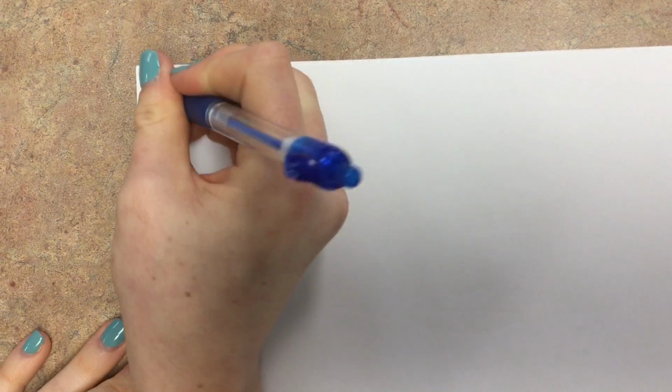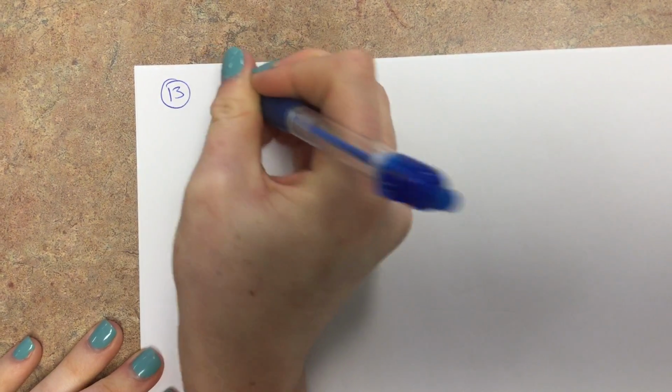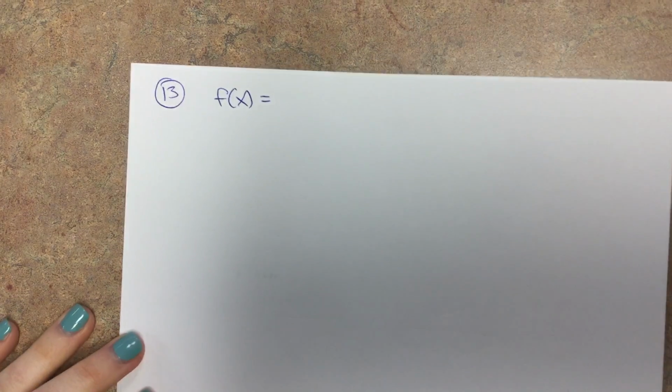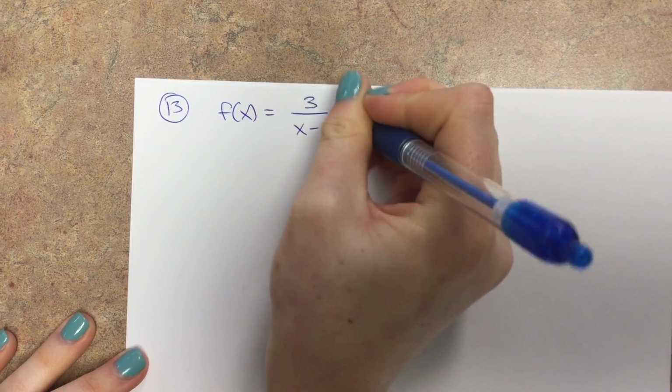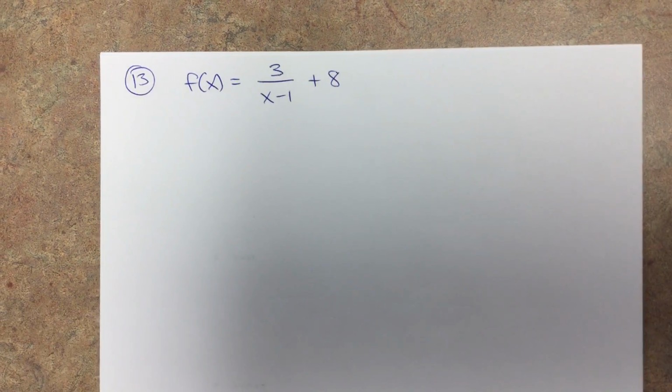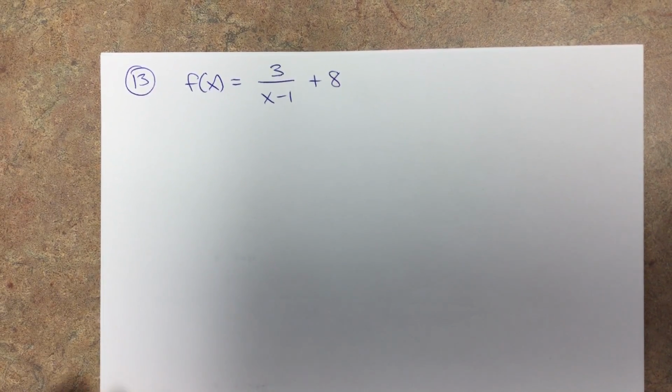So 13, I think we said we wanted to look at. All right, we got 3 over x minus 1 and then plus 8 on the outside. So there are things you need for these from 8-3.